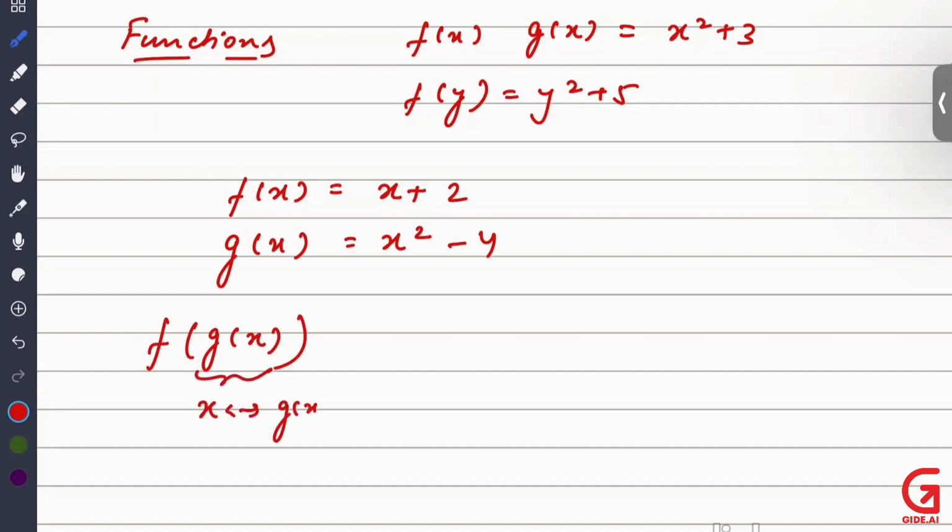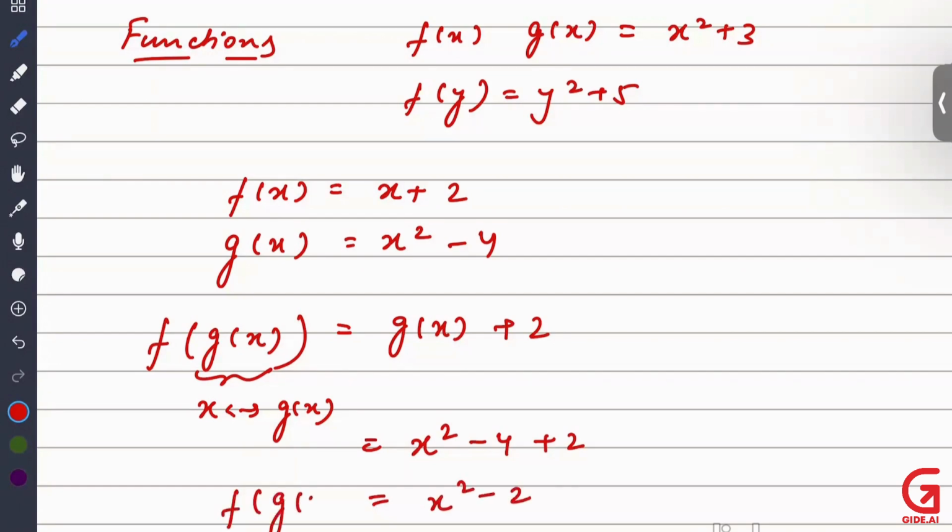So I'll write g(x) + 2. But what is g(x)? g(x) is x² - 4. So x² - 4 + 2 becomes x² - 2, which is f(g(x)).